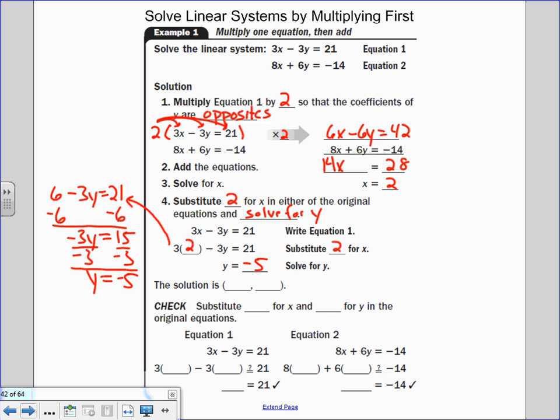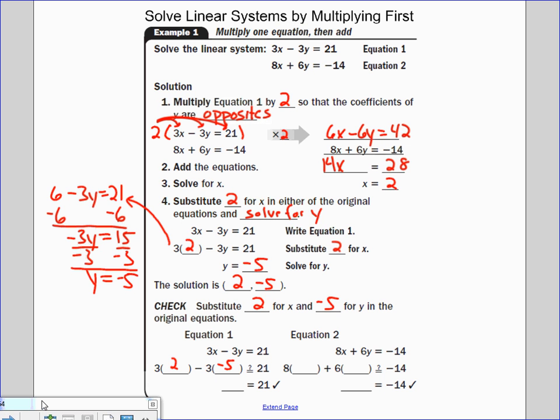Alright, so y is -5. Our solution then is 2, -5. So we're going to substitute 2 for x and -5 for y. You can do this to check. In the first one there, I put the 2 in for x, the negative 5 for y. I get 6 plus 15, well, that's 21. So we get 21 equals 21.